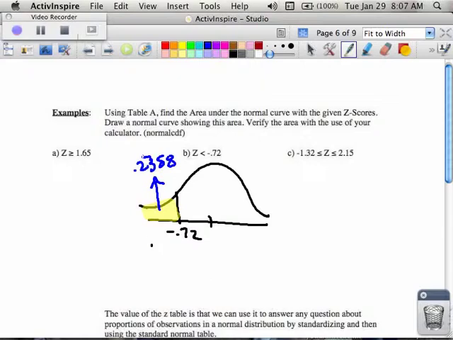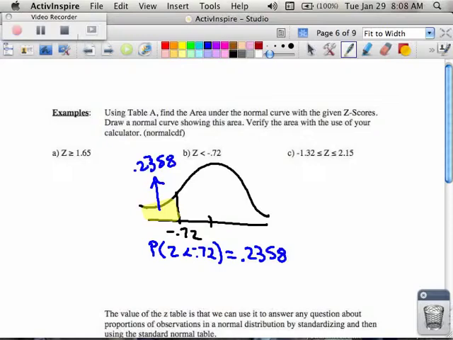Or in other words, the probability that my z-score is going to be less than negative 0.72 is equal to 0.2358. Now there's a cool way to do this on your calculator as well, and I'll show you that momentarily.